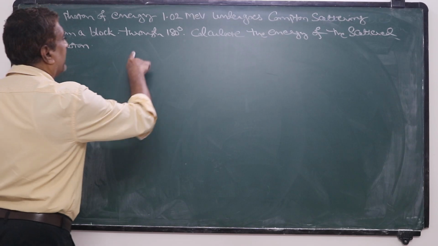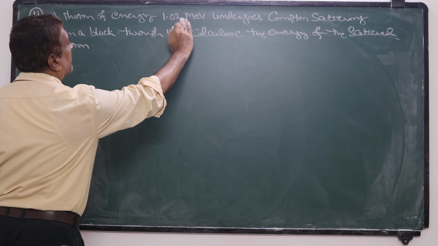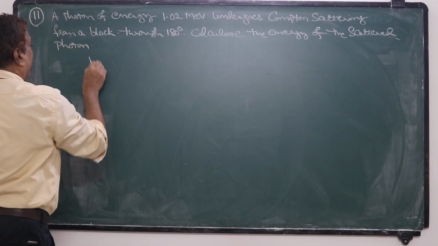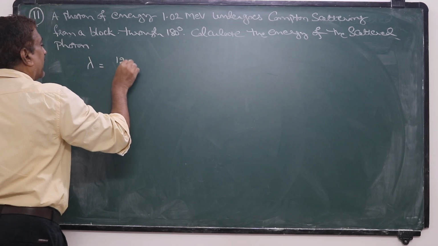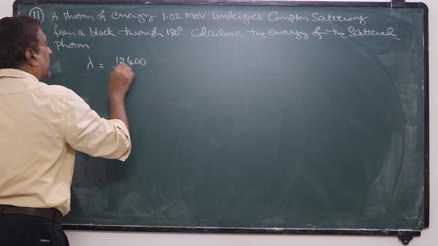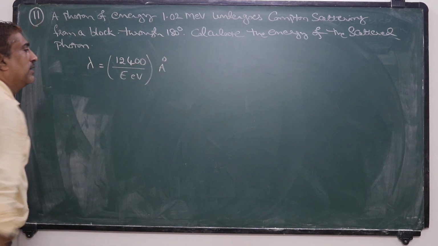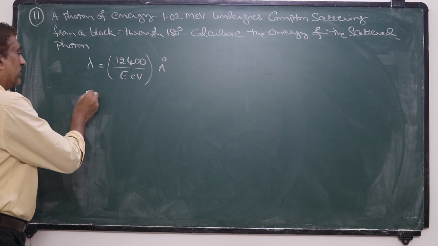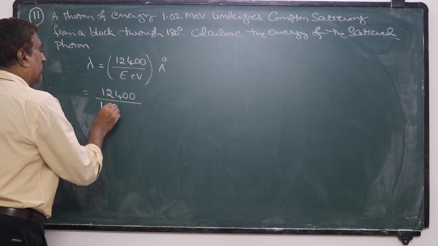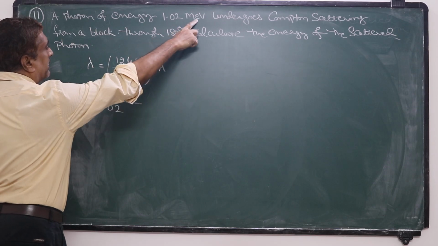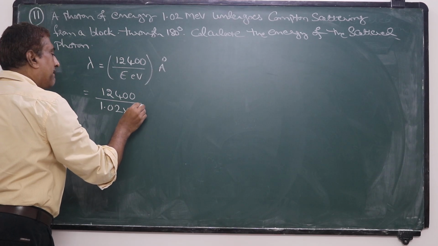So first we calculate the wavelength of the incident radiation, because energy is given as 1.02 mega electron volt. Therefore the wavelength of the incident radiation lambda, we can directly write, is 12400 by E electron volt, and we get it in Armstrong. But here it is given in mega electron volts, that means you have to write 10 power 6.